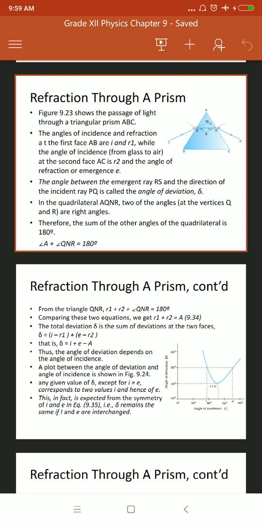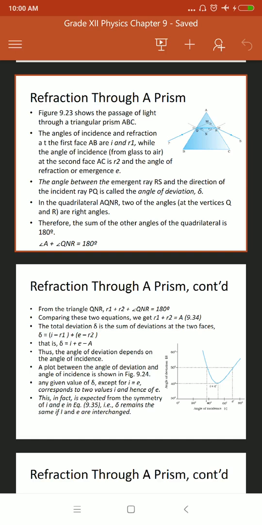So delta 1 for surface AB is I minus R1, and delta 2, the deviation at the second surface AC, is E minus R2. While adding, we get the total deviation delta equal to I minus R1 plus E minus R2, that is I plus E minus A, where A is R1 plus R2, replaced from the above equation.